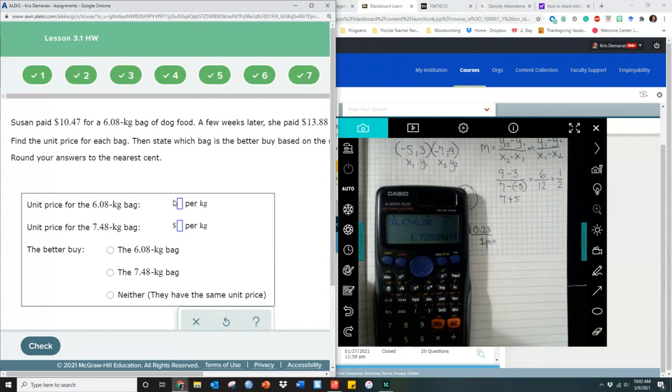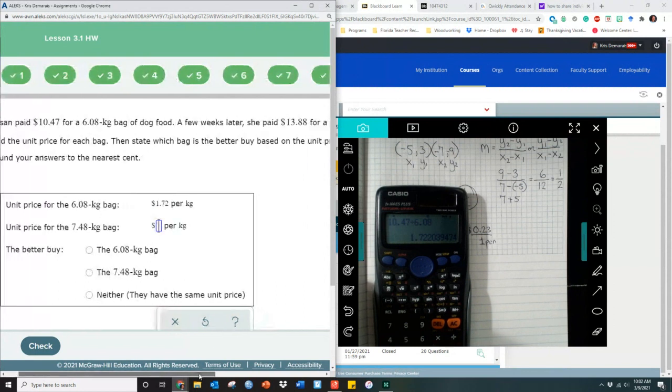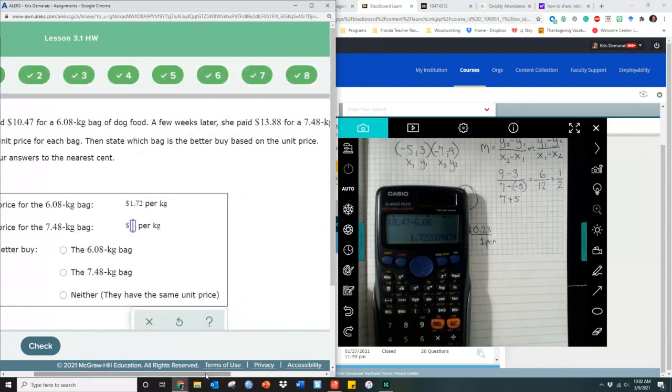Rounded to the nearest cent, it's $1.72. Now the other one right here was 13.88 divided by 7.48, and that's going to be $1.86.